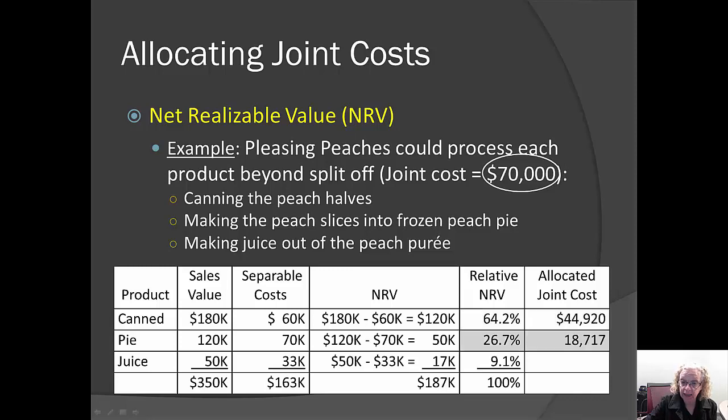The peach pies get 26.7% of $70,000, and the peach juice gets just over 9% of the $70,000. And we can also add these allocated costs up to make sure that they equal the total joint cost for creating all of these products.